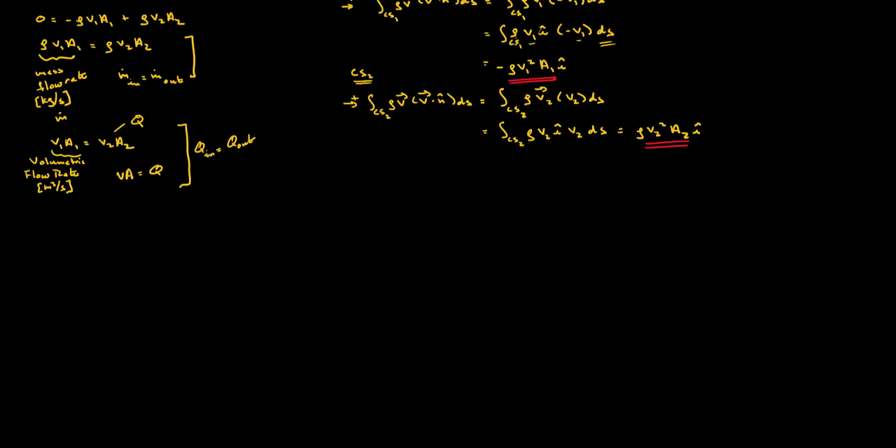Okay, so let's now deal with the surface integral. The surface integral states that d by dt over the control volume of rho v dv. Now, what we're going to do is make a steady flow assumption.